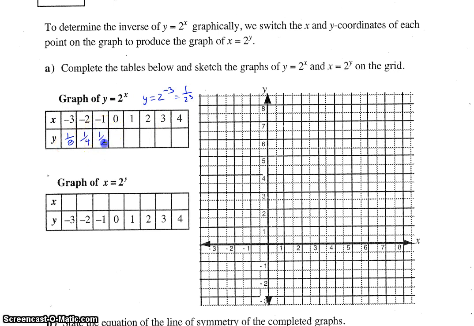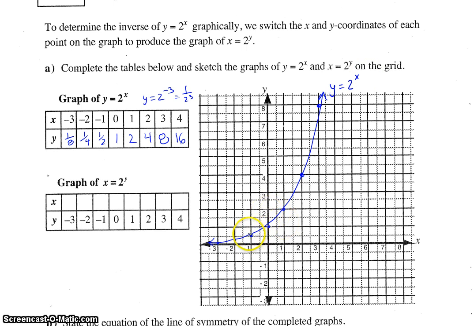Okay, so we're just repeating what we did from the last lesson, and we would get these numbers. And if we plot those points, we would essentially have these numbers. Okay, and then we can't plot 4, 16, but that's okay. All right, and if you need to pause your video at any time so that you can draw that, go ahead. All right, so that is y equals 2 to the x.